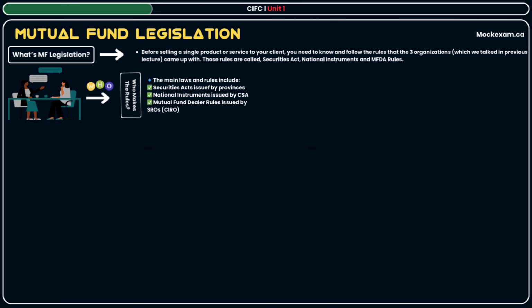Now, let's dive into details of each of these sets of rules. I mean, Securities Act, National Instrument, and MFDA rules. Let's dive deeper and know the ins and outs of each of these sets of rules.